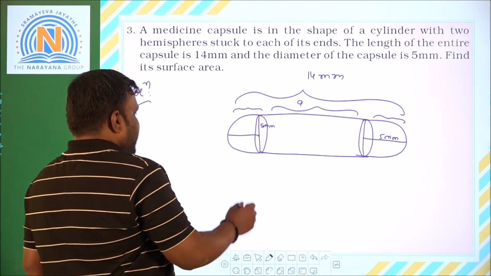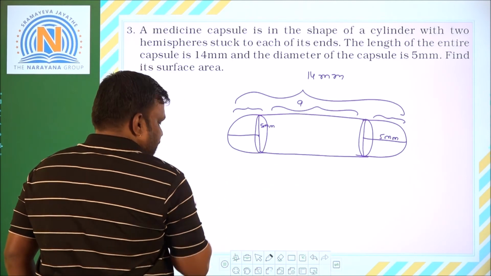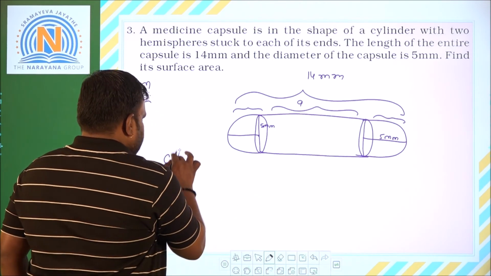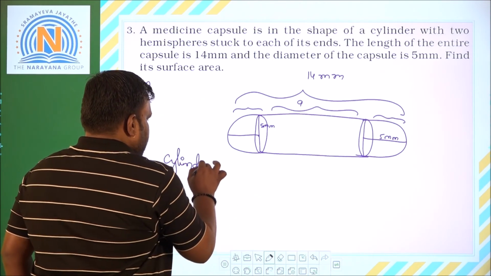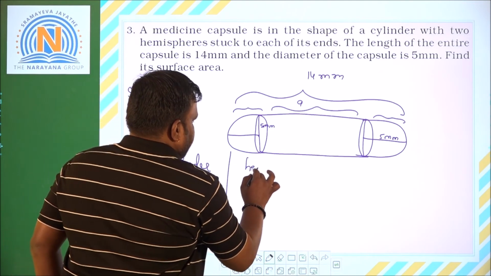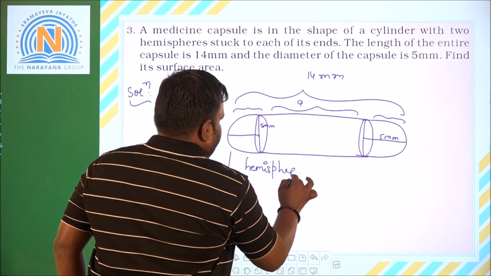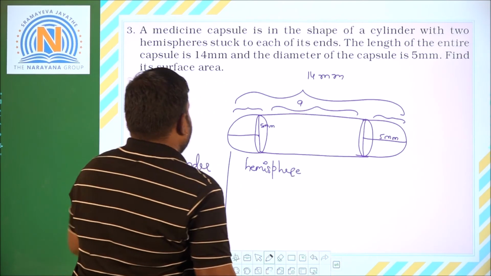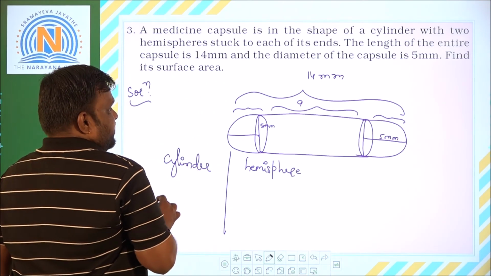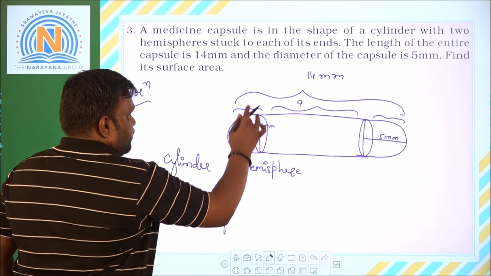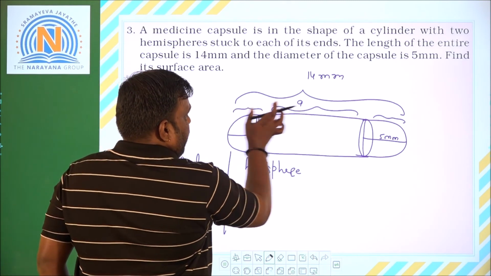Here first is the cylindrical part. When we have the cylinder and two hemispheres, obviously both hemispheres are the same, so we can calculate the hemisphere part and multiply with 2. Now for the cylindrical part, h is equal to 14 minus 5. This is 2.5, 2.5.